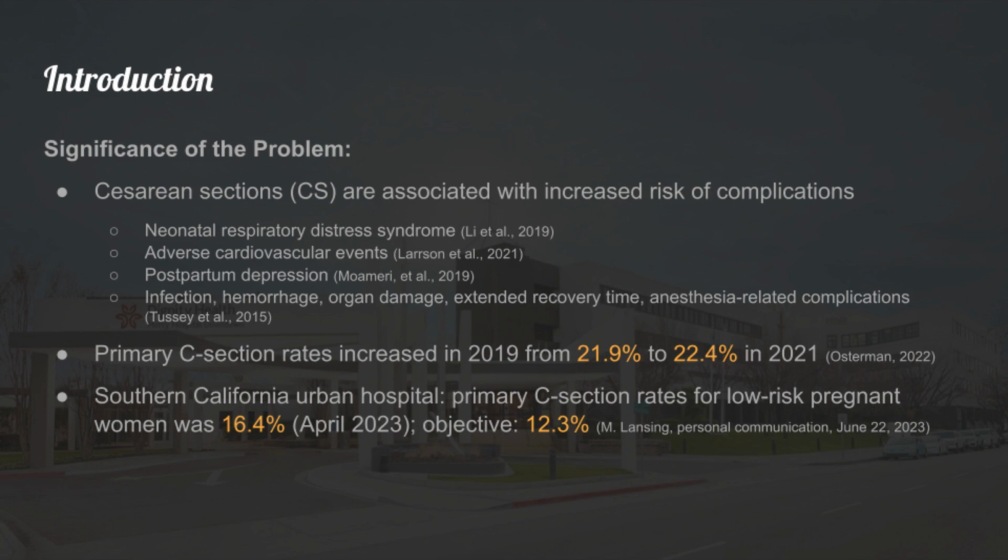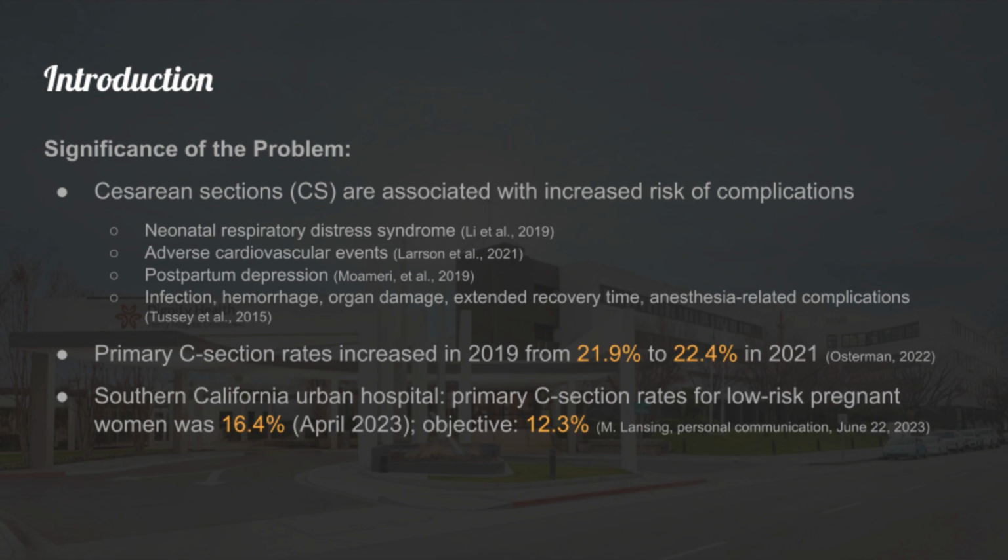So this problem is significant because cesarean sections are associated with an increased risk of complications for both the mom and the newborn. Here is a list of some of those examples of complications, such as neonatal respiratory distress syndrome, adverse cardiovascular events, postpartum depression, infection, hemorrhage, organ damage, extended recovery times, and anesthesia-related complications.